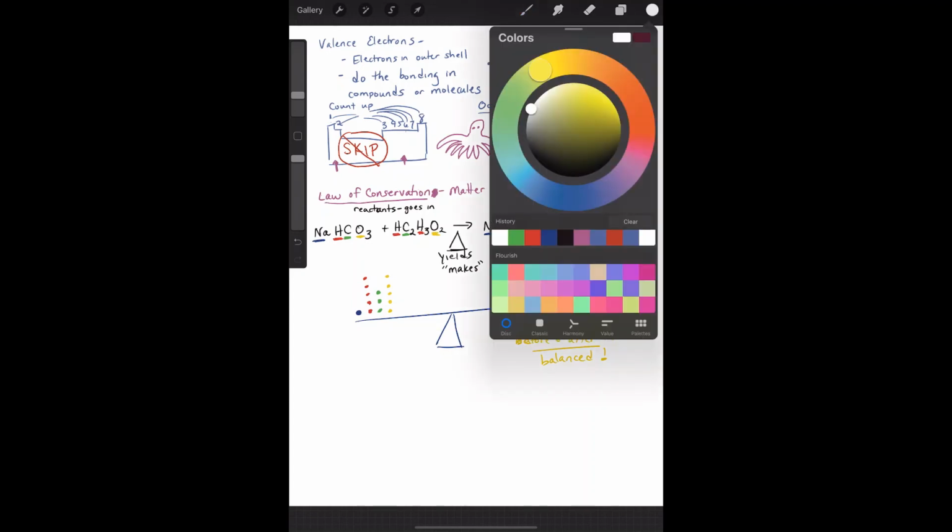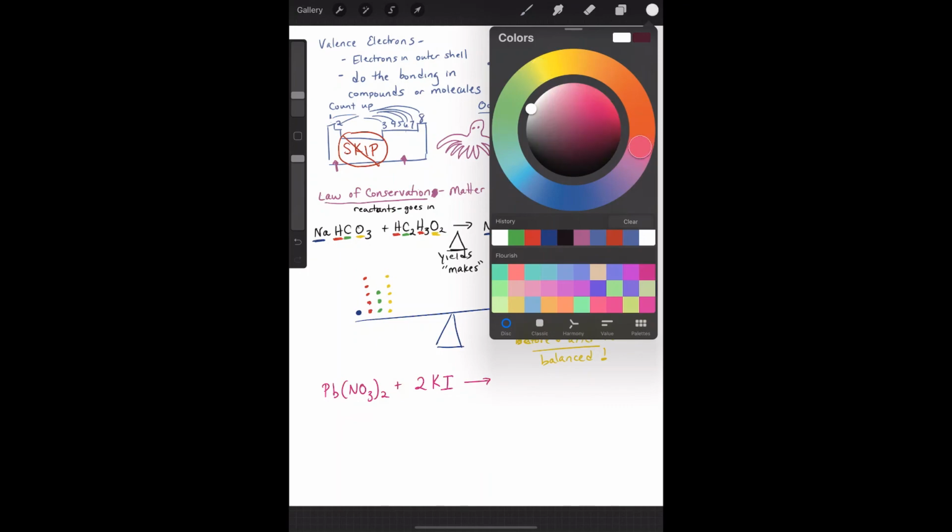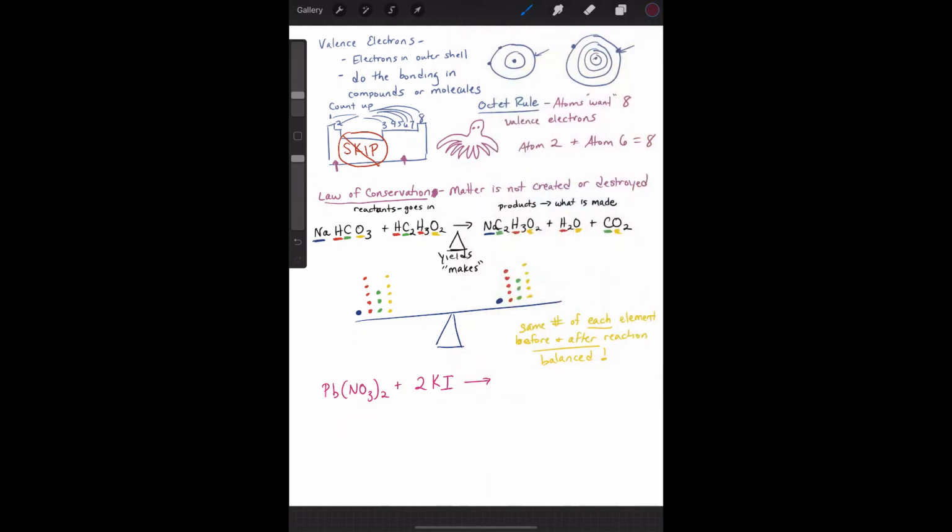Now, when we're looking at chemical formulas, we're looking at two different numbers. So say we have this other formula, Pb(NO3)2 plus 2KI. This formula right here is telling me that I have one Pb, which is lead. I have nitrogens.